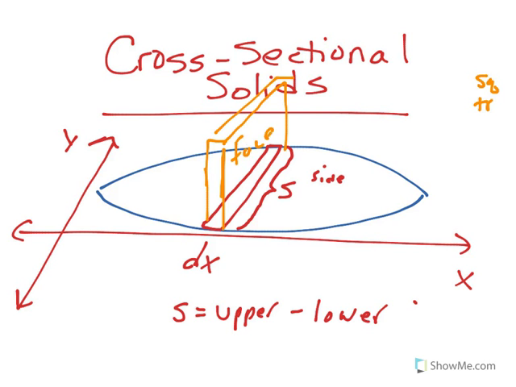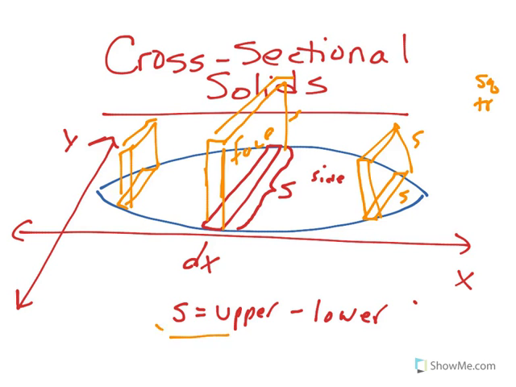If you came over here and took a cross-sectional piece, its face, however long this is S, would form a square. Once again over here, the face would form a square. It's almost like little pats of butter, but the wider the area, the wider the piece of butter, and the side of the piece of butter would always be formed by the equation upper minus lower.